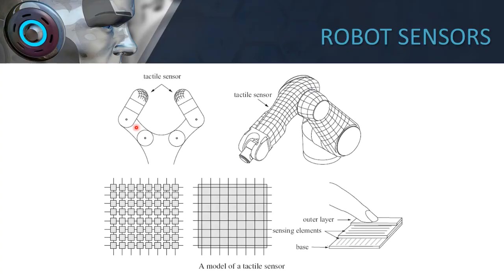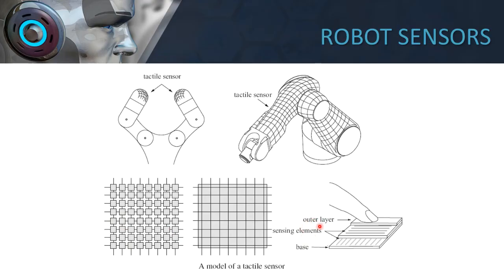So these are tactile sensors. You can install tactile sensors wherever necessary, or wherever the robot comes in contact with the object. And if it has to sense the contact made with the object, then you have to install the tactile sensor in that particular location. This is a model of a tactile sensor. It is just an array. You have three layers: one is a base layer, the second layer is the sensing elements, and then the outer layer.